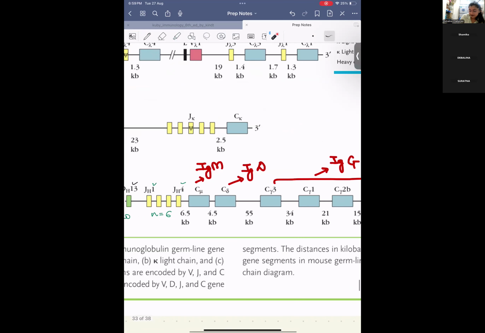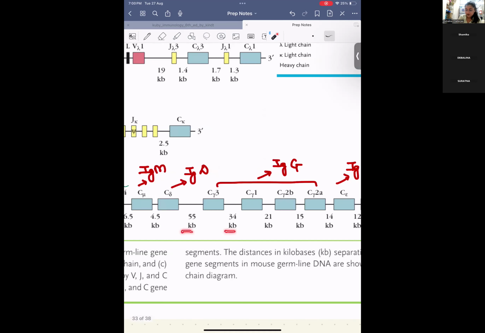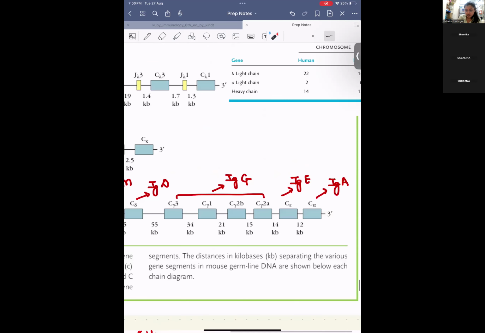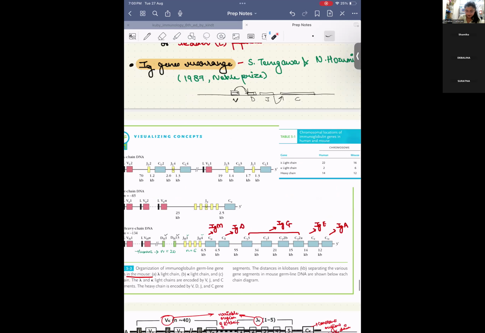They are present in close succession with each other, very close by each other when arranged in a linear fashion. The number of base pairs between these is comparatively much lesser than the number of base pairs that you see between the other possible constant regions arranged on this heavy chain DNA, right?